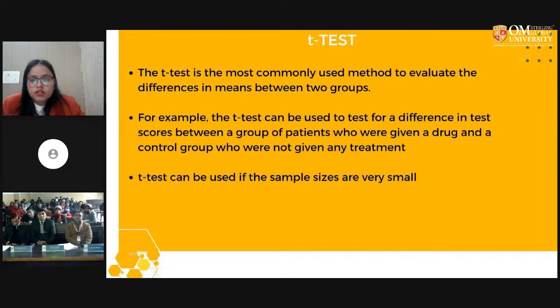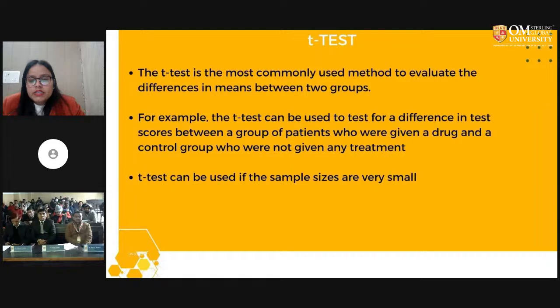The first test under the parametric statistical tools that we are going to test is the t-test. This is the most common method that we use in every area, whether it is science, pharmaceutical sciences, or management.